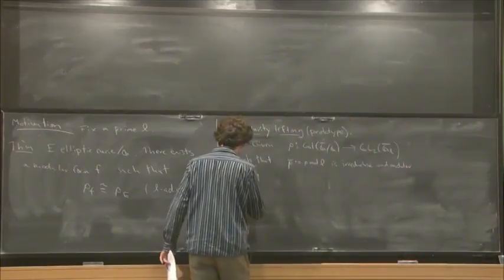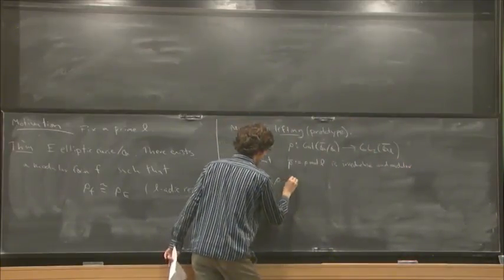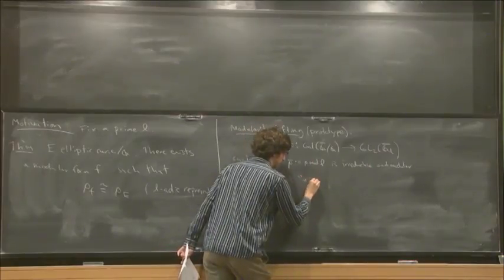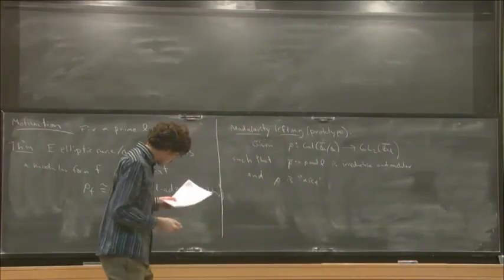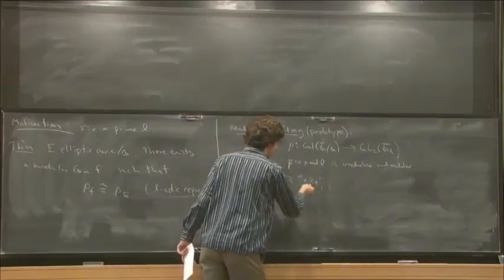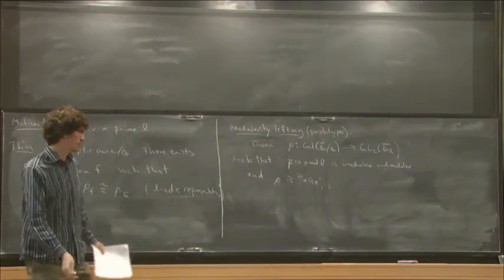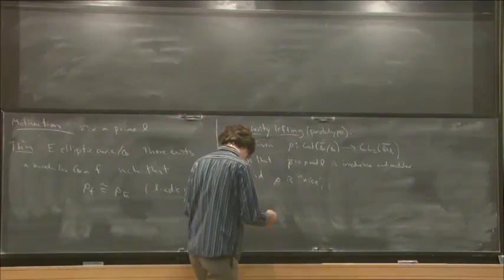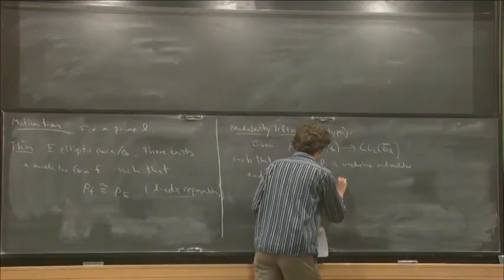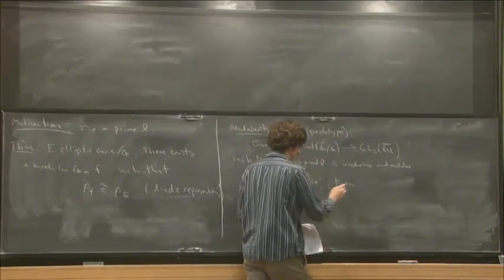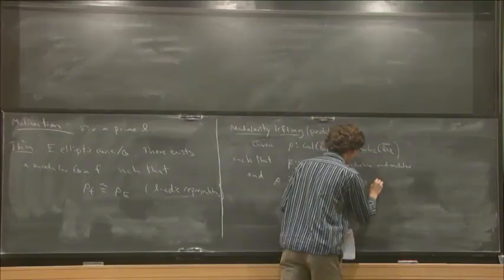And if furthermore, rho has some other properties, which I'll just say it's nice. For example, if rho comes from an elliptic curve, comes from geometry, then that's certainly a very nice representation. And then the conclusion is that rho is modular.